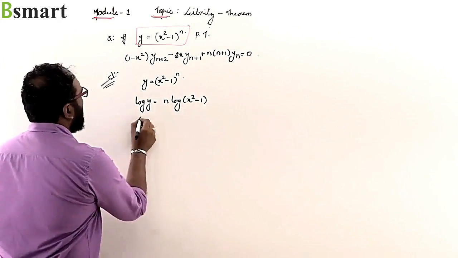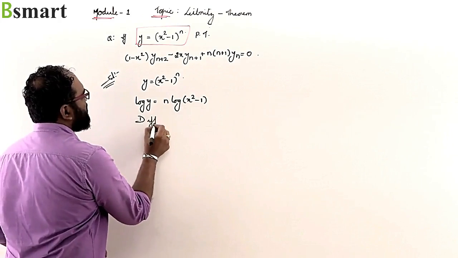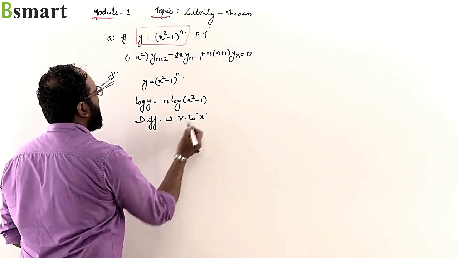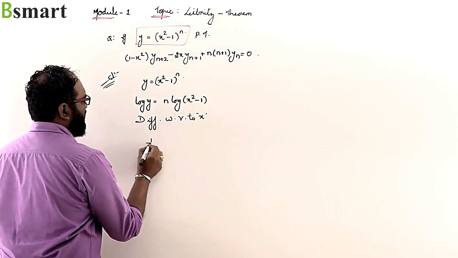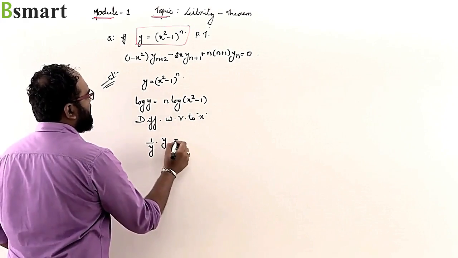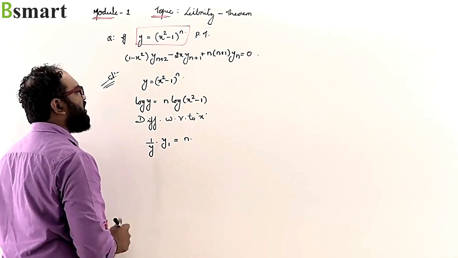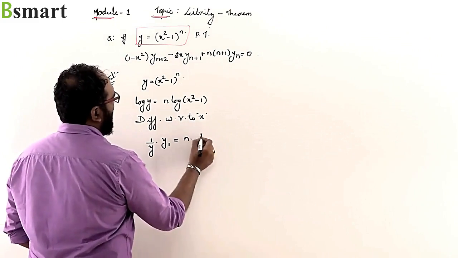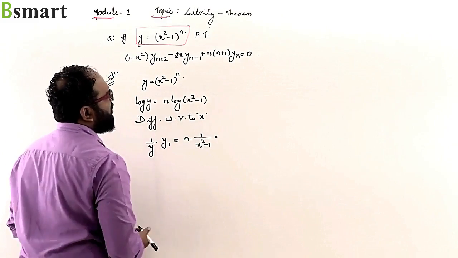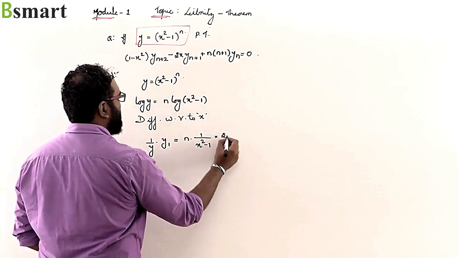If we differentiate with respect to x, the derivative of log y is (1/y) into y₁, equals n into 1/(x² − 1) into the derivative of x² − 1, which is 2x.